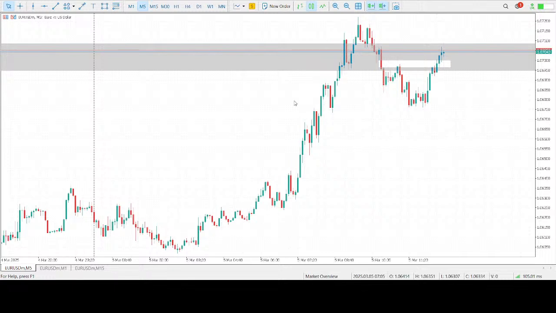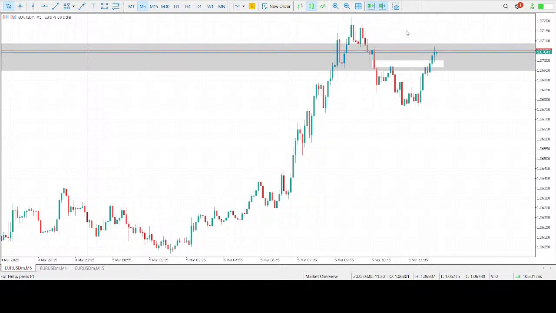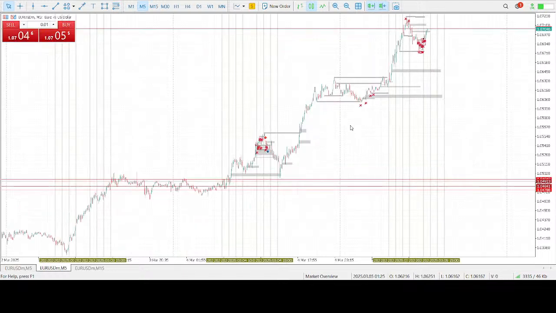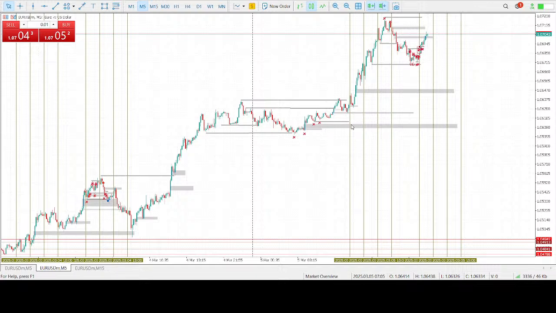So the most likely scaling point would be this before rallying back down, because at this price point what it has created has been this, and then we want price to move back slightly lower to a level such as this before it continues rolling up.